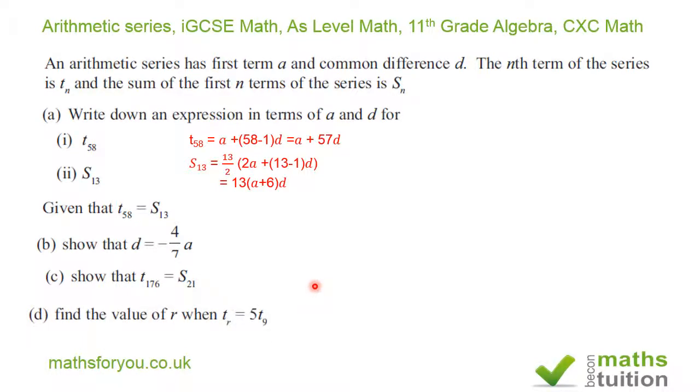And finally for part D, it says find the value of r when t sub r is equal to 5t sub 9. Okay, next slide.